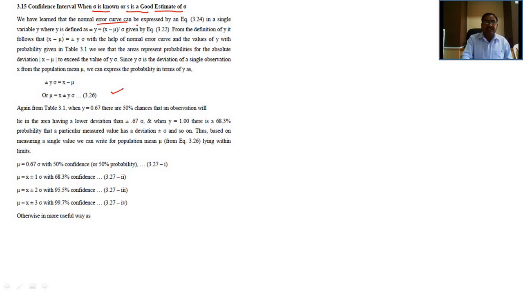In that single variable, y is defined as x minus mu by sigma. From the definition of y, x minus mu is equal to plus or minus y sigma. This is the mathematical expression to find the confidence level when sigma is known or s is known.